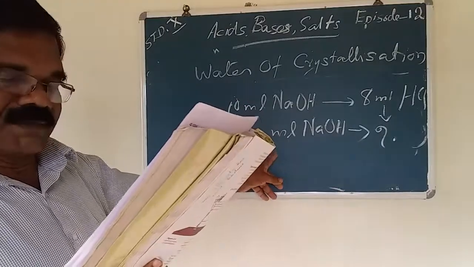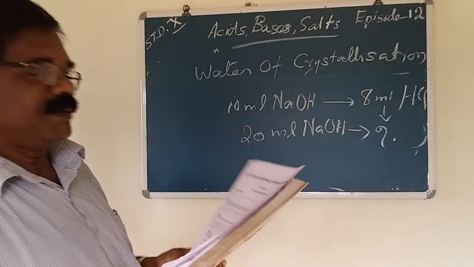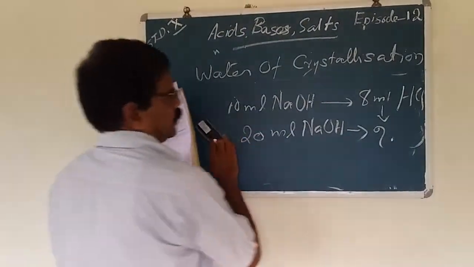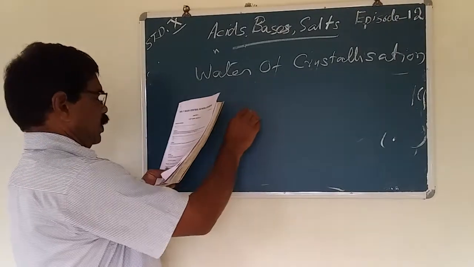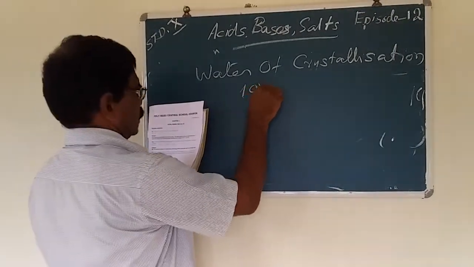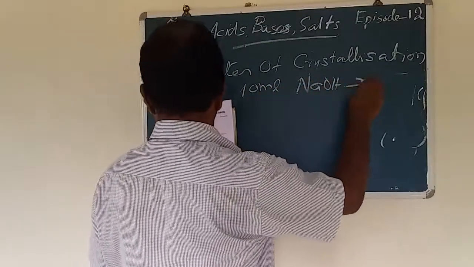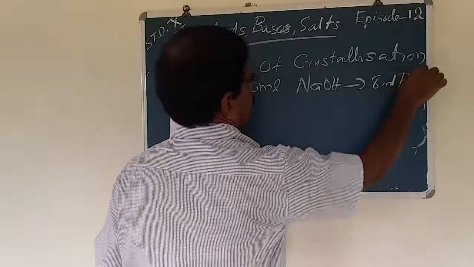Simply we can get the answer. How can we calculate it? If a calculation is needed: 10 ml of NaOH neutralizes 8 ml of HCl.